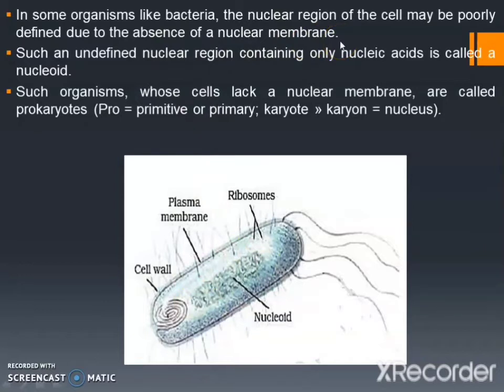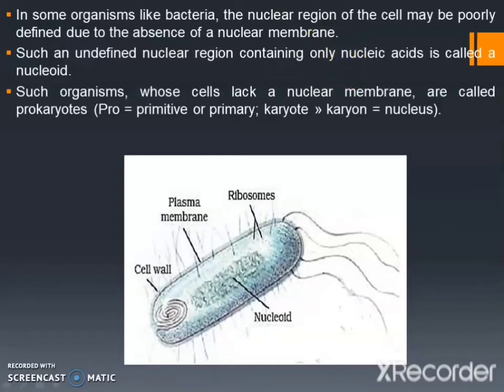It is due to the absence of a nuclear membrane. So due to the absence of the nuclear membrane around it, the nuclear substances are put into a region. The things in the nucleus in bacteria are not bound inside a nuclear membrane, but are just poorly defined in its body, present in the cell just as a structure. And it is seen in organisms like bacteria. Okay, so it does not have a proper nuclear membrane.